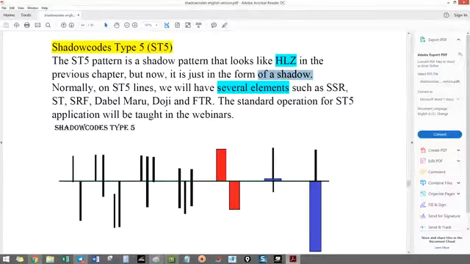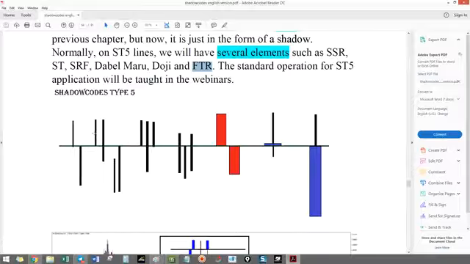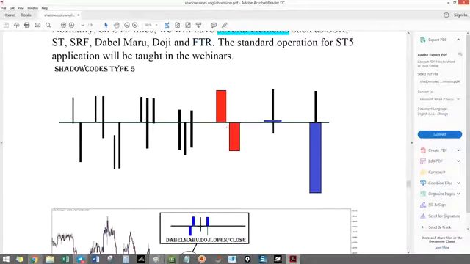Normally in an ST5 line, we will have several elements, such as SSR, the significant support and resistance, Shadowcodes type 1, 2, 3, 4, 5, and SRF, double maru, doji, and FTR. The standard operation for ST5 application will be taught in the webinar. Okay, so this is ST5.